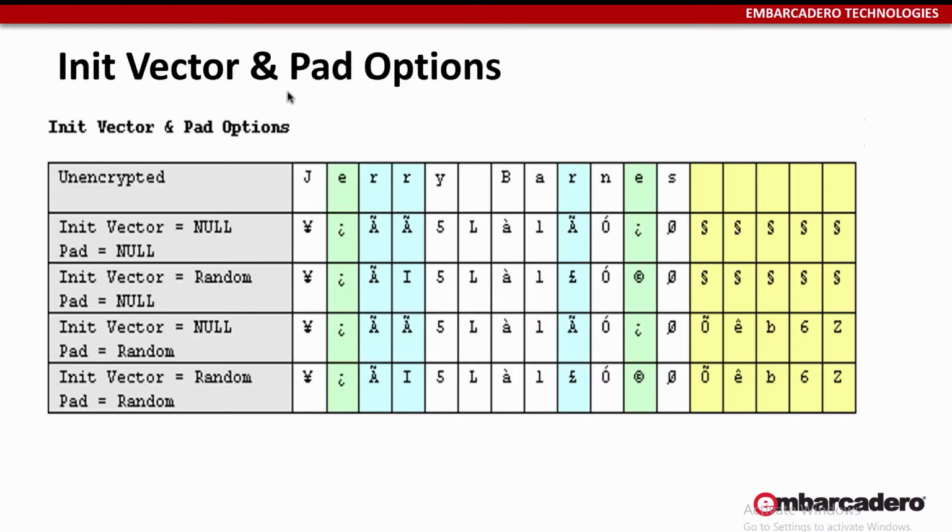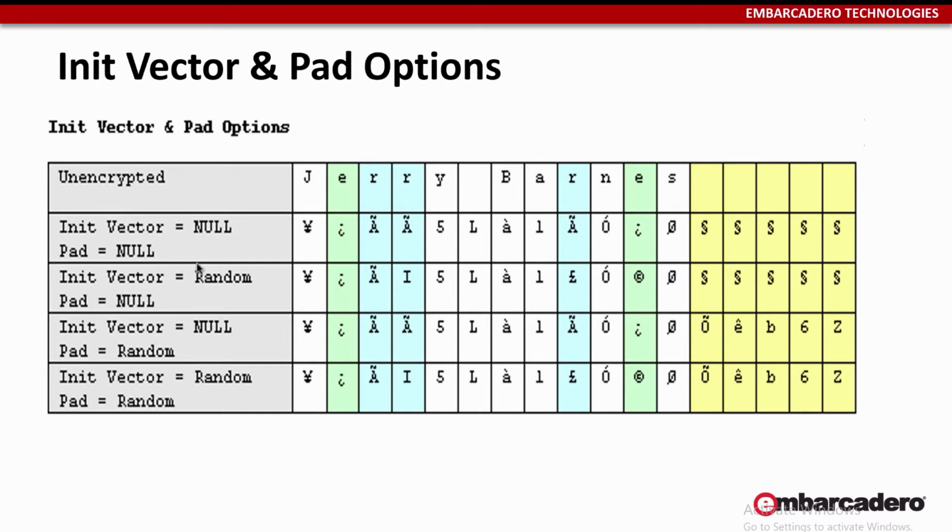For the init vector and pad options I mentioned on the last slide, just to explain briefly what I mean by init vector and pad options, you see here the unencrypted row has the name Jerry Barnes, and the yellow spaces after the name is just padding. In the first case, we set init vector to be null and we set pad to be null.